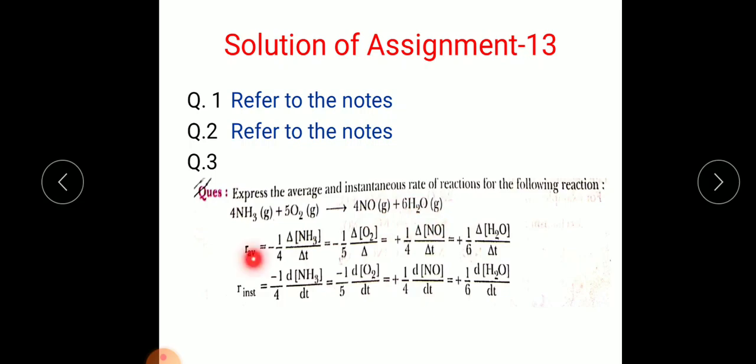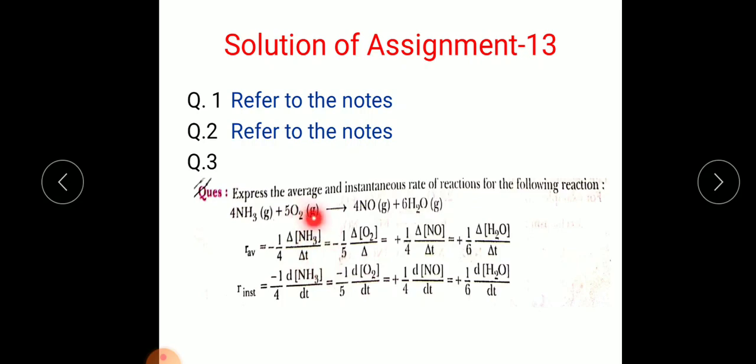So when you write down the average rate, it is written as delta of reactant by delta of time. Since ammonia is 4 molecules, and since it is a reactant it will decrease, so negative sign, and that 4 will become 1 by 4 delta ammonia by delta time.